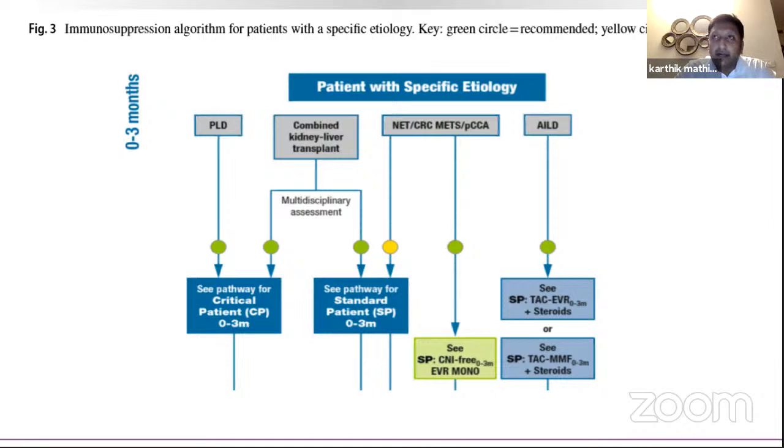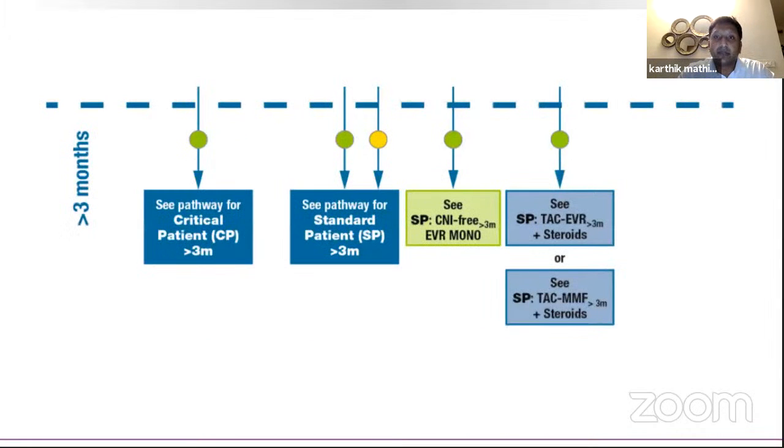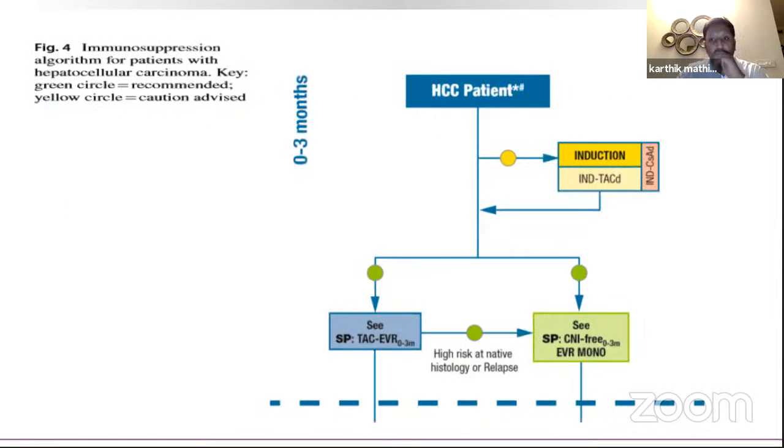And any kind of HCC patient. So here is where the role of mTOR inhibitors comes in. Previously we used to start mTOR inhibitors, sirolimus, only 2 months after transplant, but now we are recommending early start of everolimus. And this is again the same for more than 3 months.